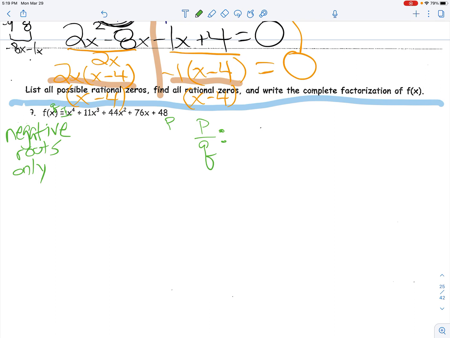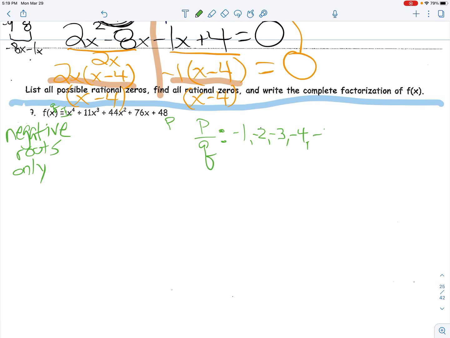Now we're just going to write the numbers that go into 48, and we're just going to do the negative roots, like negative 1, negative 2. 48 here has a bunch, right? Negative 3 goes into 48. Negative 4 does. Negative 5 does not.